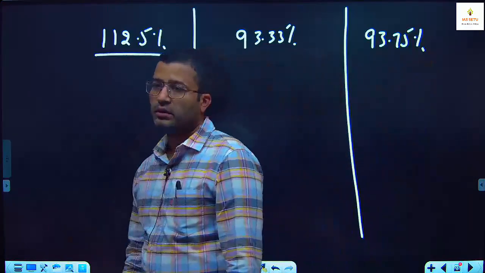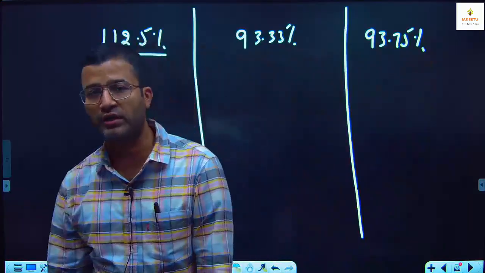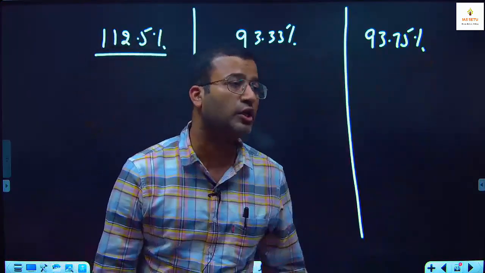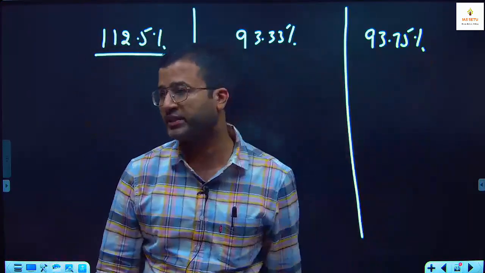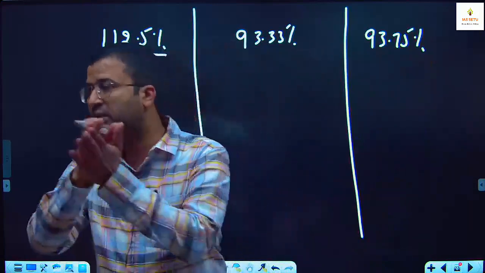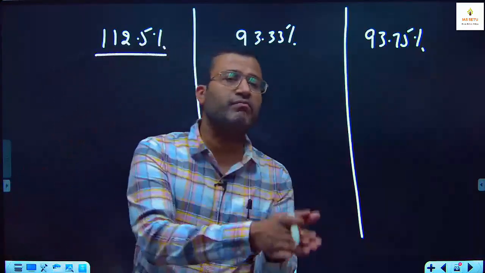Now here, if you get a value which is more than 100% or more than 200%, you have to break this value with respect to basic value. 100% plus something, 100% minus something.